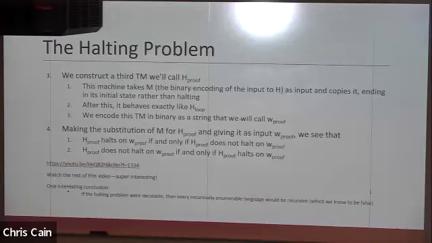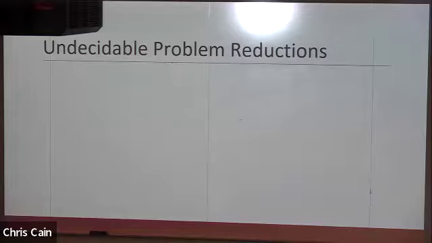The halting problem is decidable, so now that language is decidable. And that brings us to a new proof type that we're not going to go through in this class in more detail than just introducing you to it, but it is very interesting to see how to prove something is undecidable.